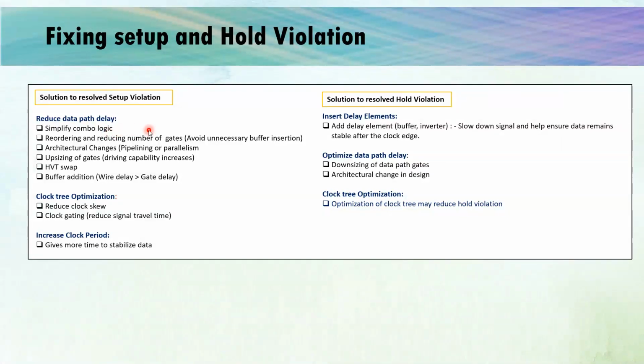So if we can reduce the data path delay or the combinational delay, our data will come before the required time.